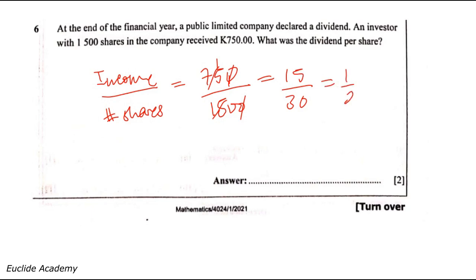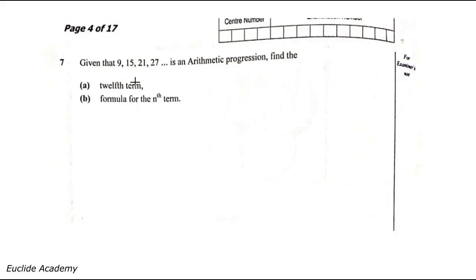And then we have 5 into 15, that's 3, so we have 30. So you can say here 15, there's 1, 15 into 30 is 2. So to simplify things, because you don't have a calculator, it's 1 over 2, or basically 0.5 kwacha. So that is how much each share is worth. The dividend per share was 0.5 kwacha, or 15 gwei.